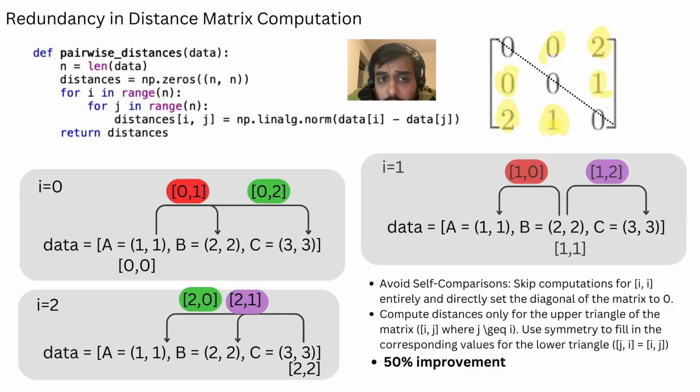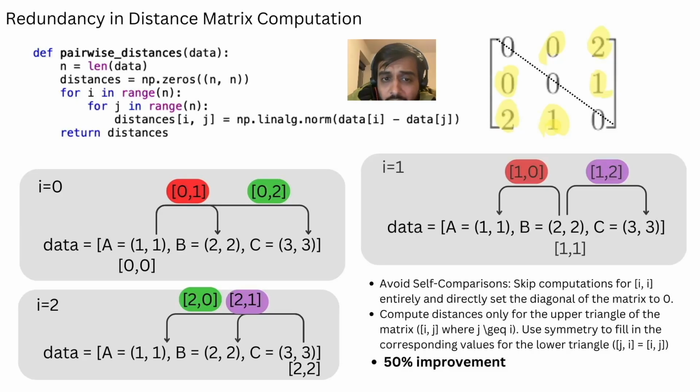In this computation, the function uses 2 loops. When i is 0, it computes (0,0), (0,1) and (0,2). Similarly, when i is 1, it computes (1,0), (1,1) and (1,2). And when i is 2, it computes (2,0), (2,1) and (2,2). And the problem is some of these computations are redundant.